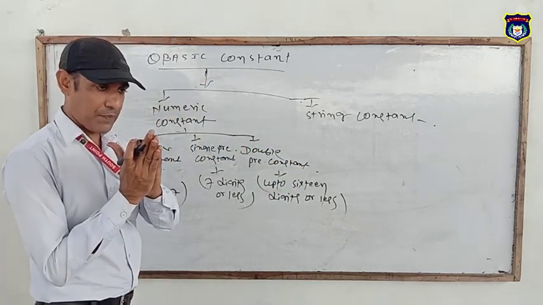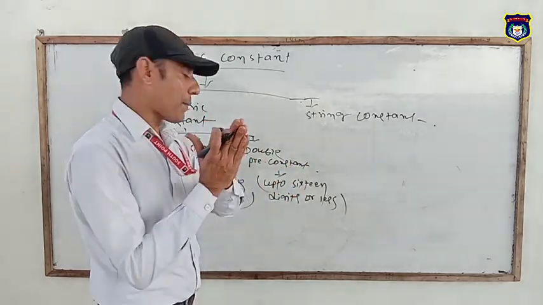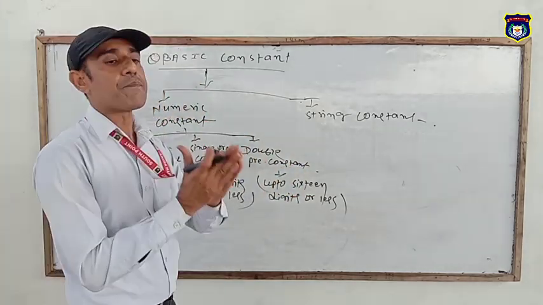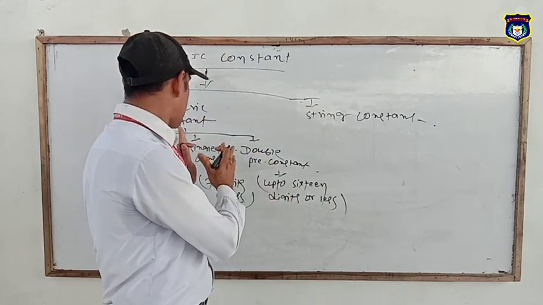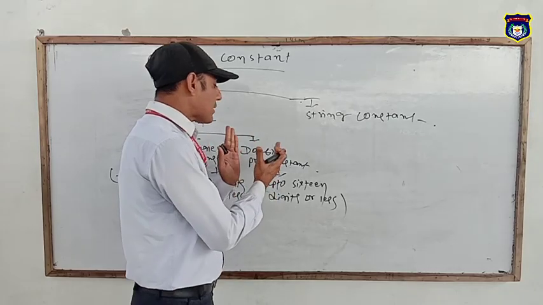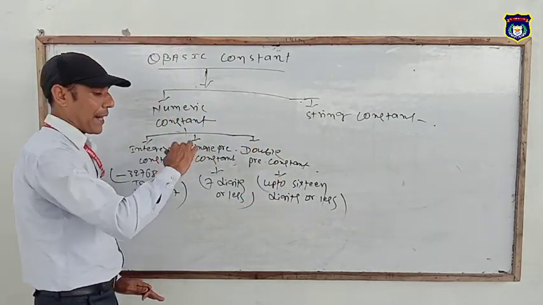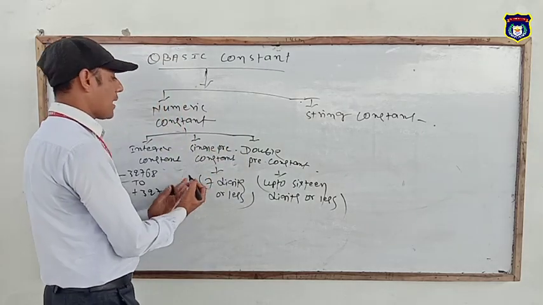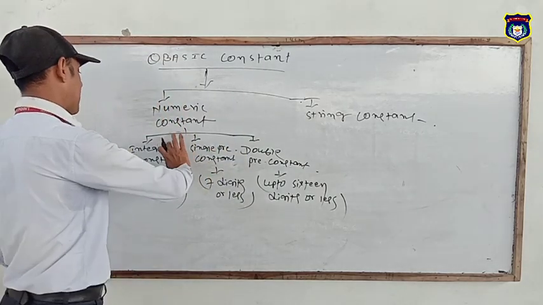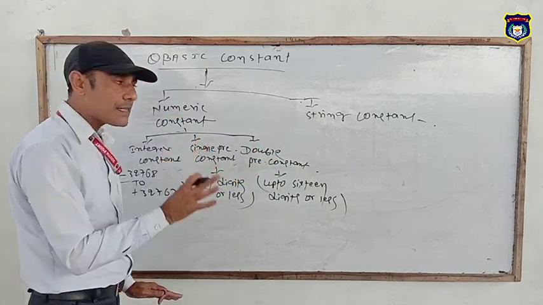Integer is short numbers, single precision is medium numbers, and double precision is large numbers. Integer constants are stored in integer variables, single precision constants in single precision variables, and double precision constants in double precision variables. But all are numeric variables, because all these variables store numeric values. That means all are constants.